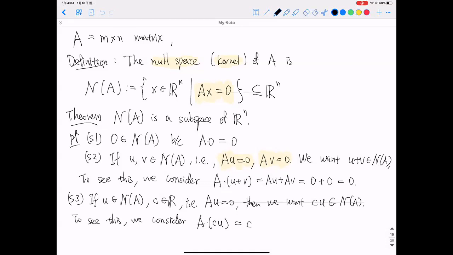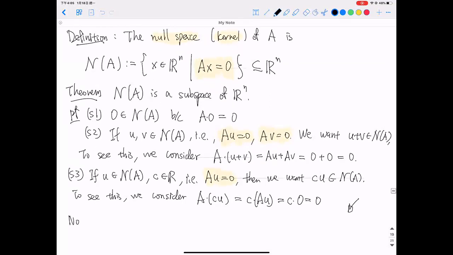But that's not hard to see, because A times cu, according to another property of matrix multiplication, is c times Au, which is c times 0, which is 0. Again, here we've used that Au is 0. Okay, so that's property S3.